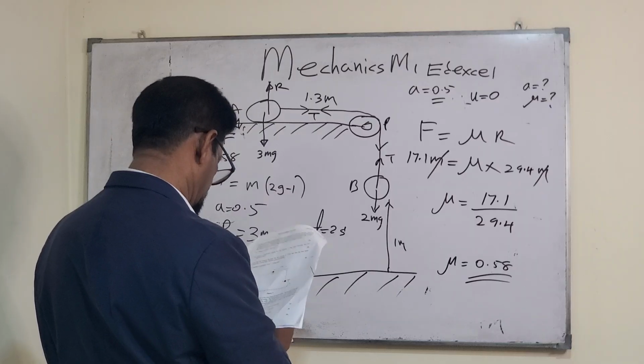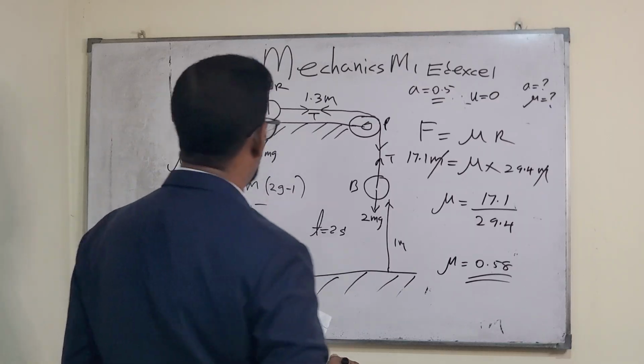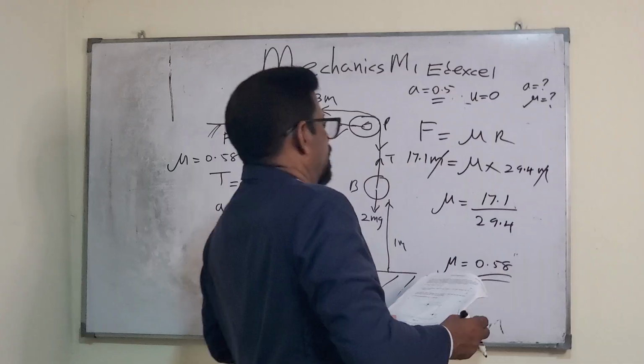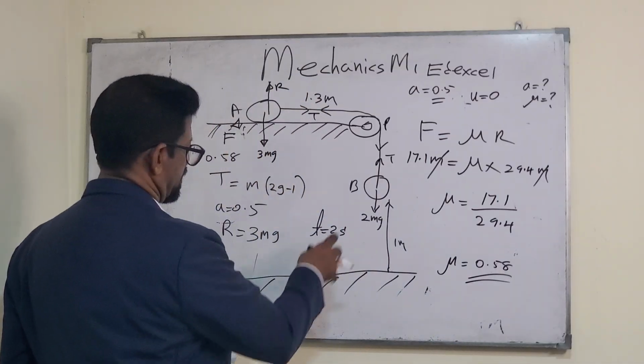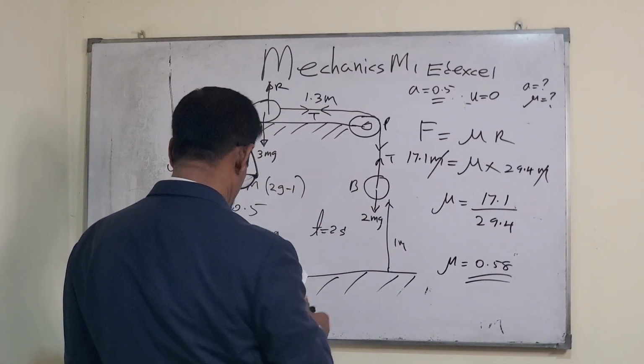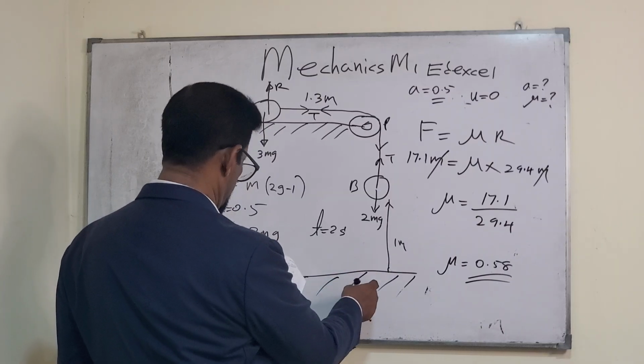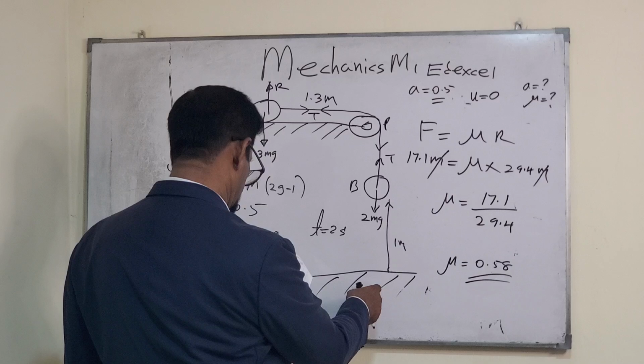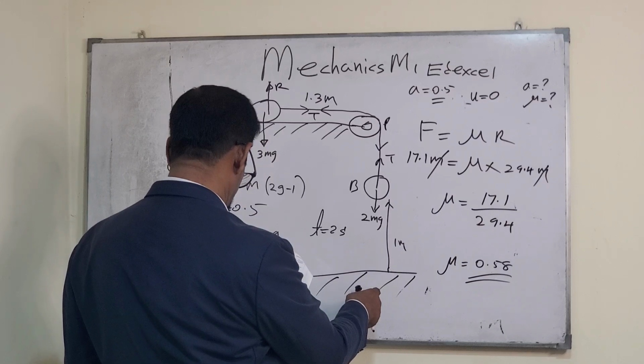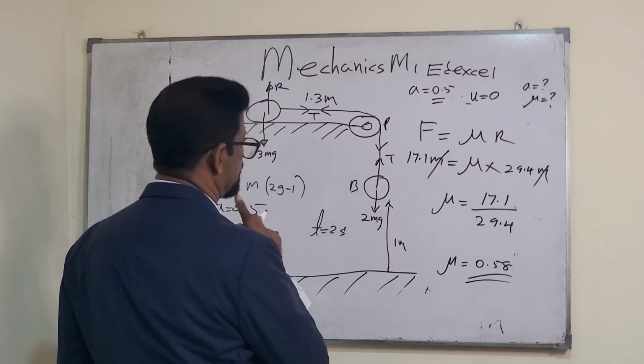Second part. Determine whether A reaches the pulley. How to do this? Now he gave that after release, B does not rebound, horizontal above the floor as shown in the figure, and hits the floor in 2 seconds.